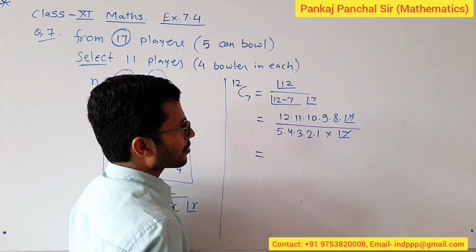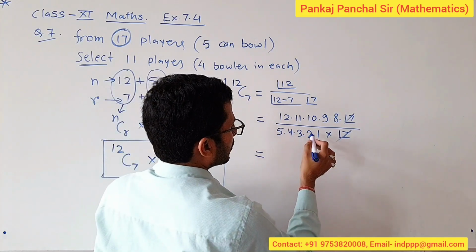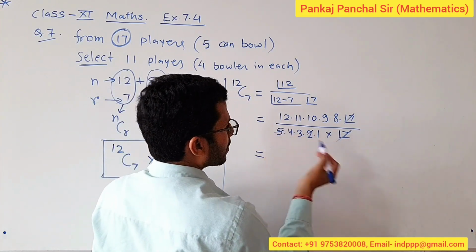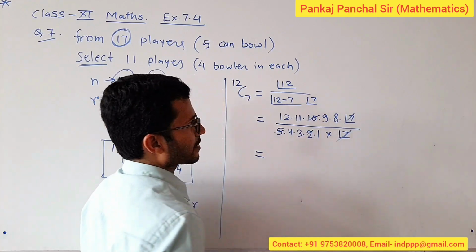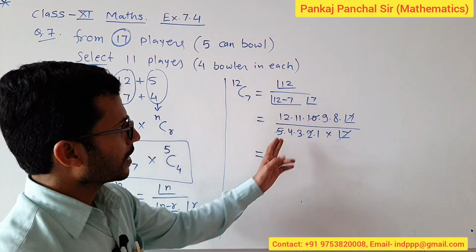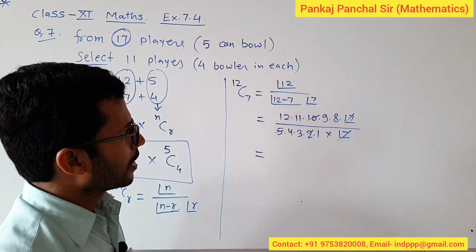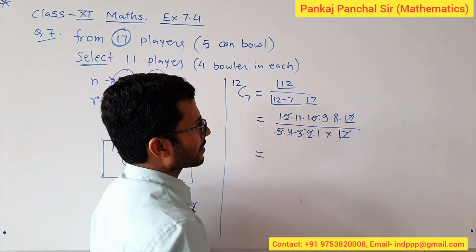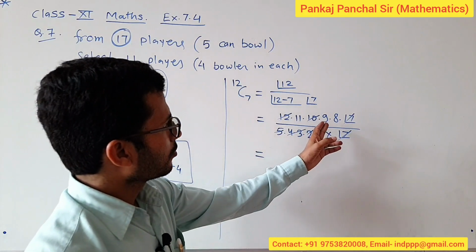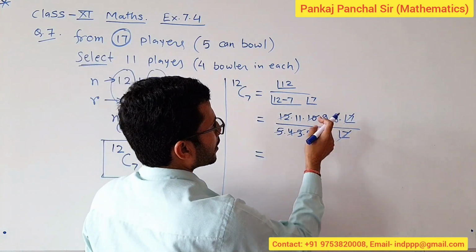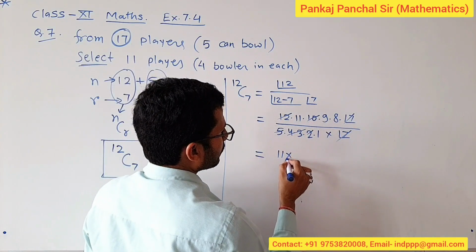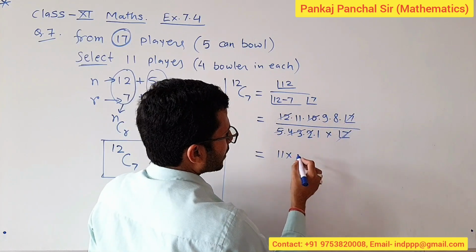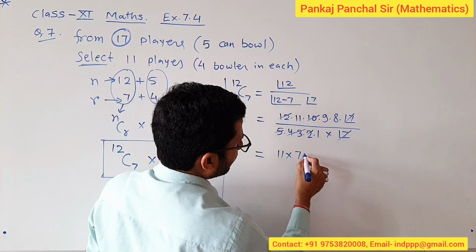Then find the solution of this. This 2 and 5 become 10 and this 10 will cancel. Now 4 into 3 is 12, and this 12 will cancel out. So we have 11 into 9 into 8. 9 into 8 is 72.